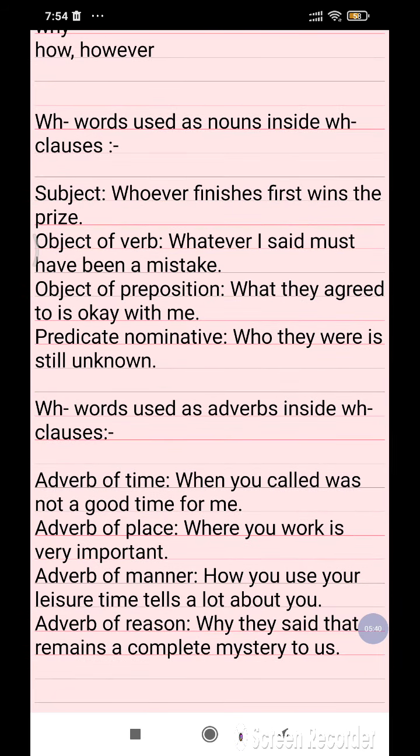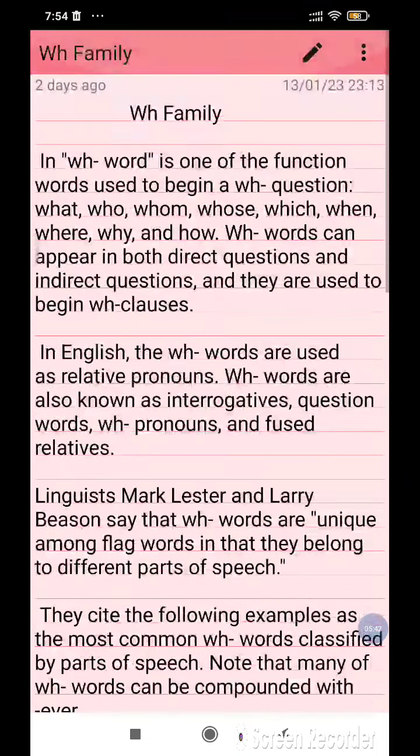So these are the most important points about the WH family.